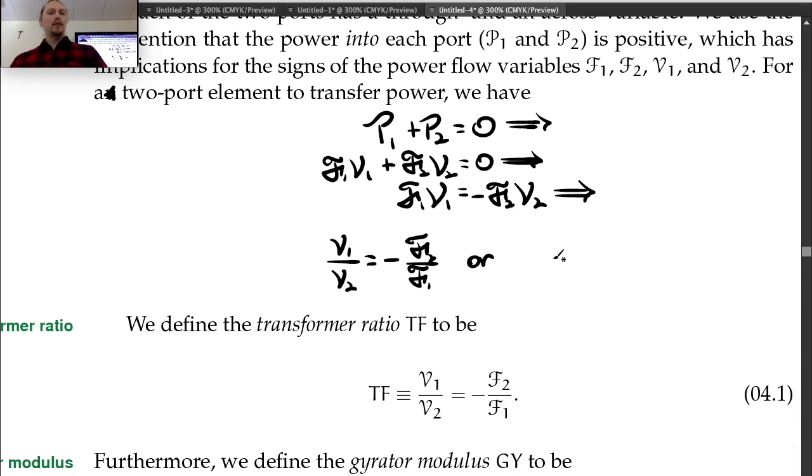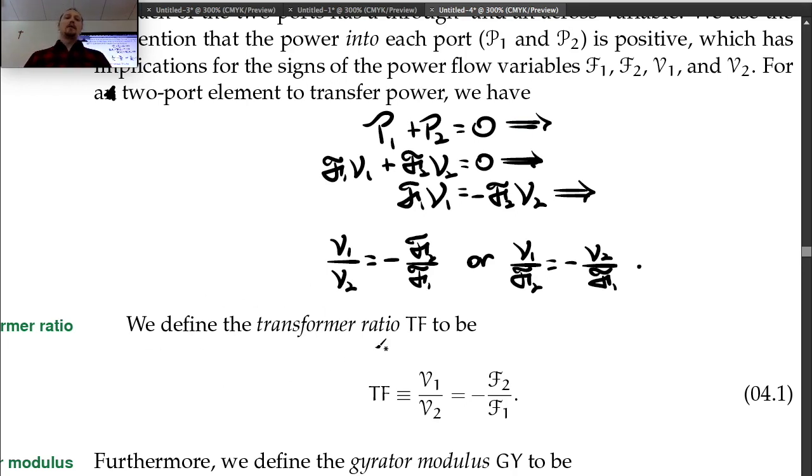Or we could solve for essentially V1 over F2, dividing through by F2 and then by F1, which gives us negative V2 divided by F1. So those are our two expressions that we could write.